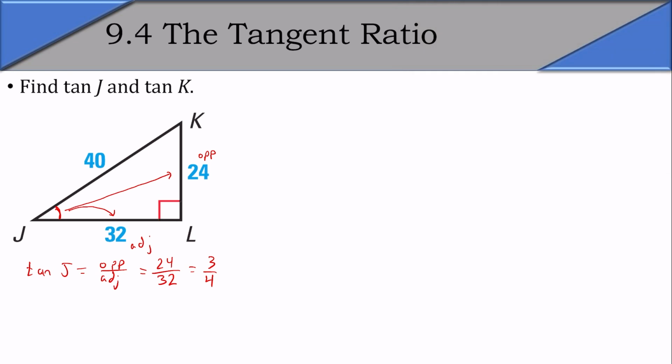However, if I use angle K, then the opposite is 32 and the adjacent is 24. So tangent of K is opposite over adjacent, but the opposite of K is the 32 and the adjacent to K is 24. Reduce by 8 and you get 4/3.